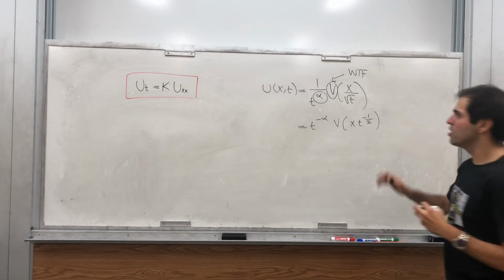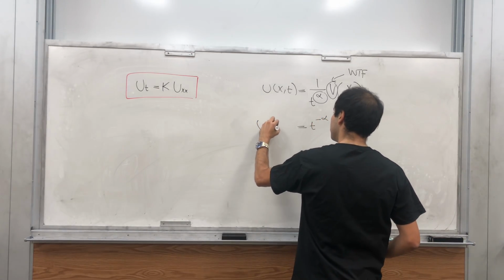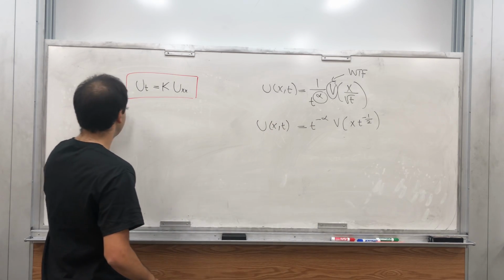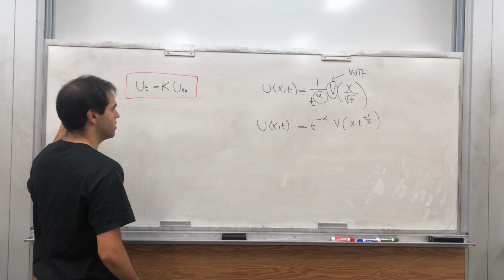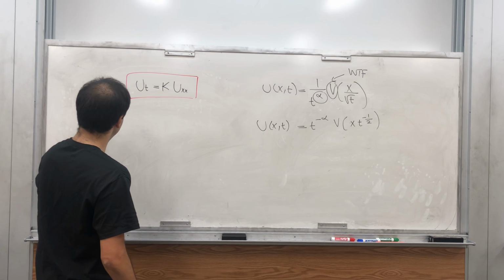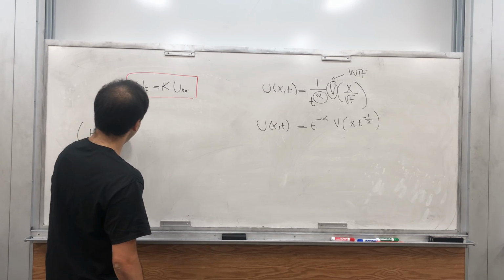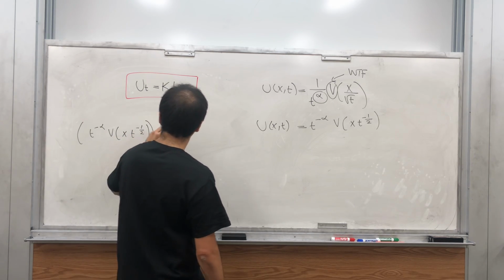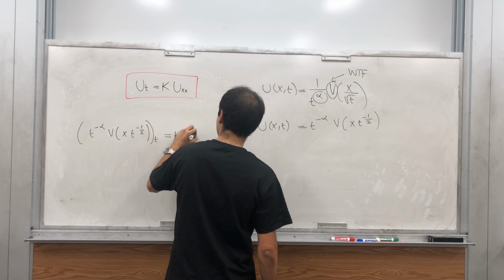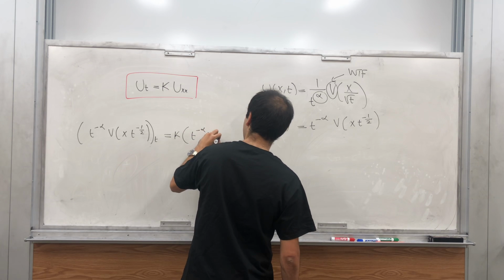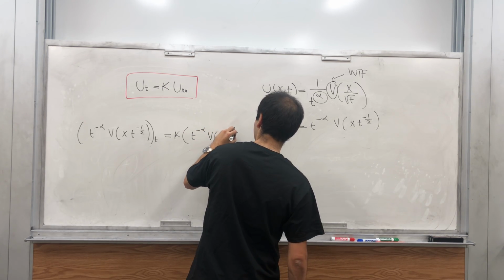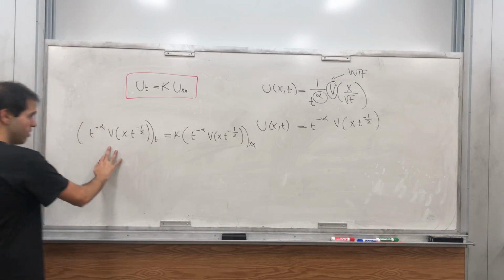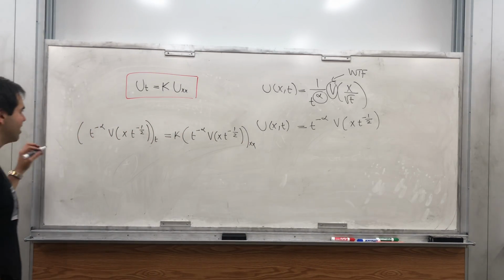So, in other words, u(x,t) is this, and then we plug this ansatz into our PDE. So u_t = k u_xx becomes: the derivative of t^(−α) v(x t^(−1/2)) with respect to t equals k times the second x-derivative of t^(−α) v(x t^(−1/2)). For the left part, we have to use the product rule.